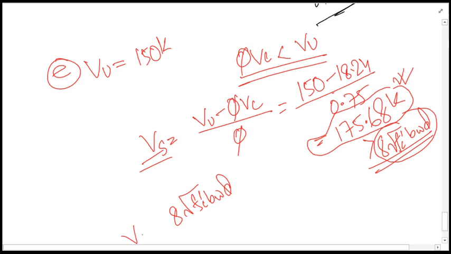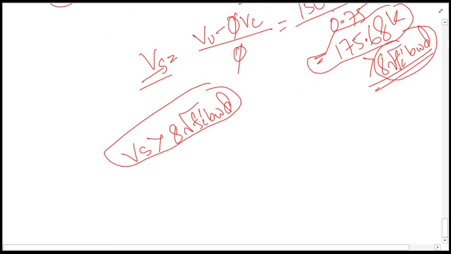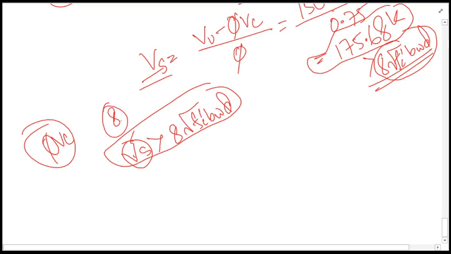You cannot resist the shear load using shear reinforcement, as the concrete capacity is very small compared to the required Vs, and the required Vs is very large, almost 8 times greater than the capacity of Vc.